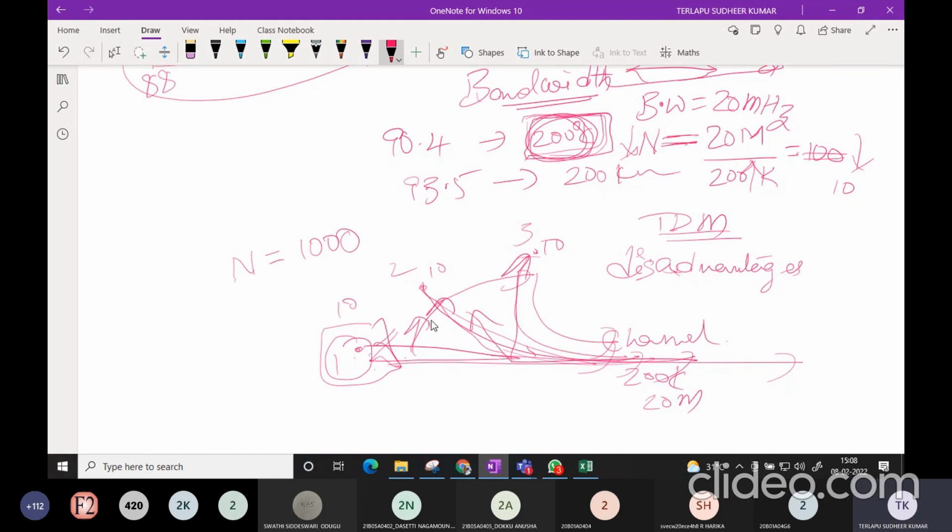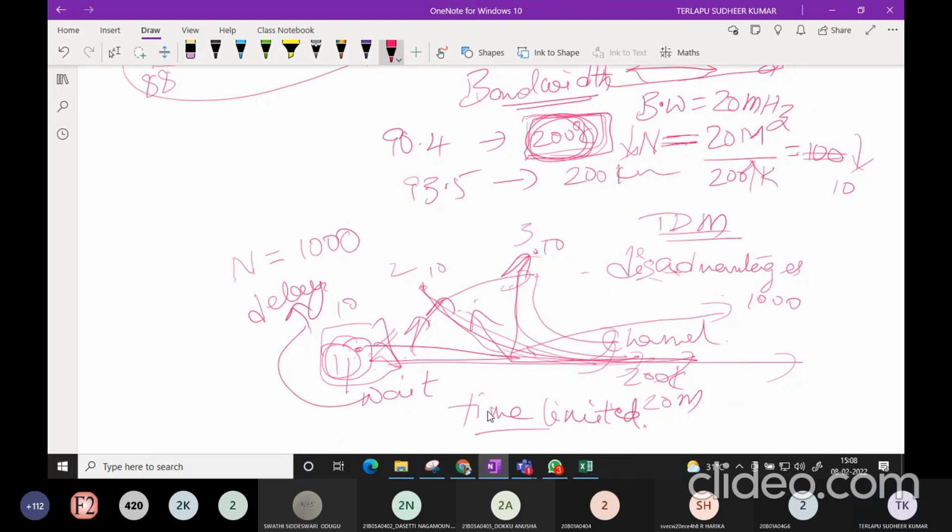Then from user 1, user 2, user 3 up to user 1000, the switch moves. As a result, user 1 has to wait, or delay comes into picture. Even though you can transmit all the frequency, time is limited. That is the disadvantage of TDM.